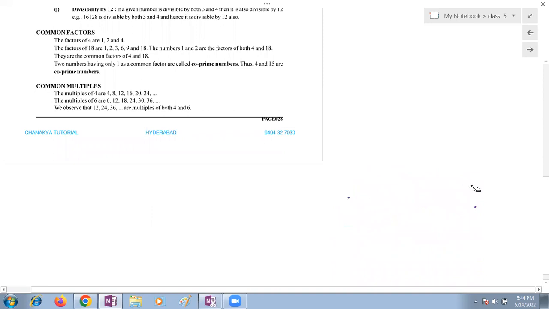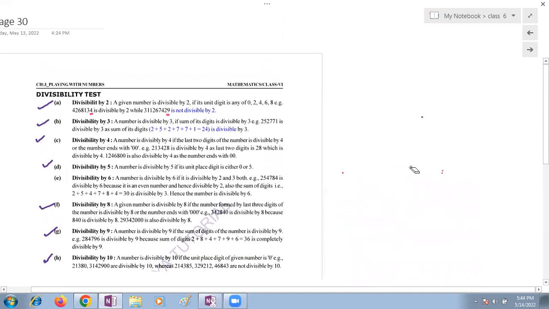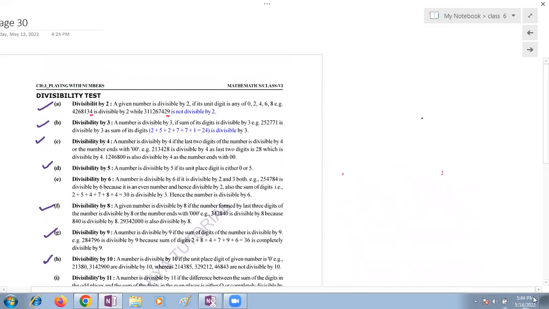Ma'am, I think it is the sum of the even-place digits minus the sum of the odd-place digits. If the result we get is divisible by 11, then the whole number will be divisible by 11.